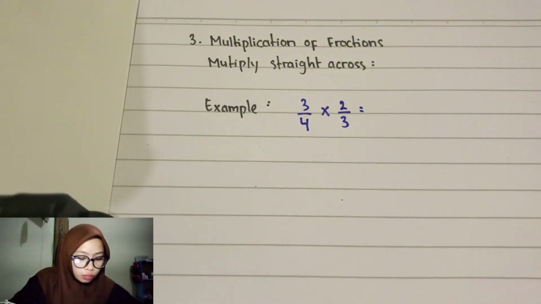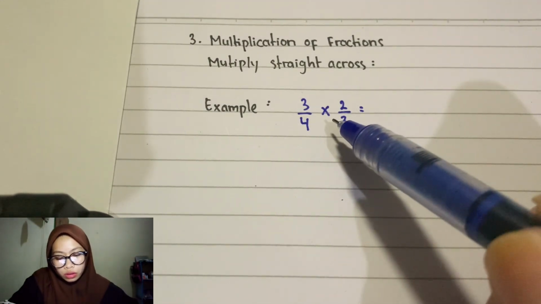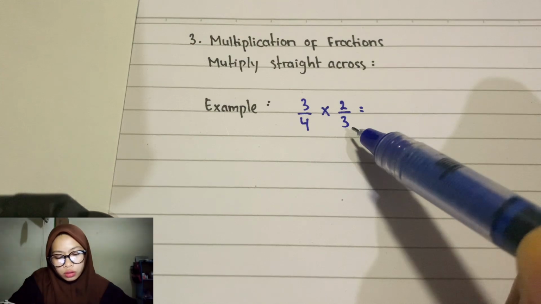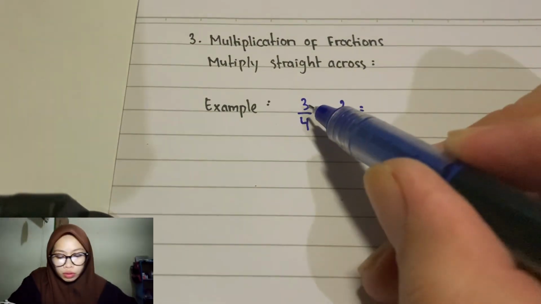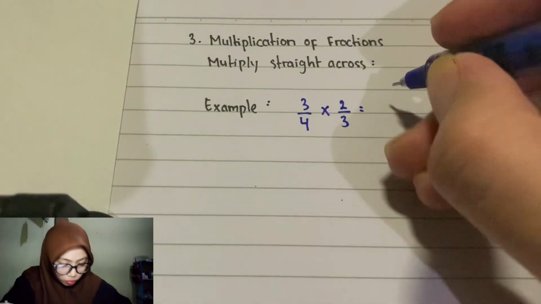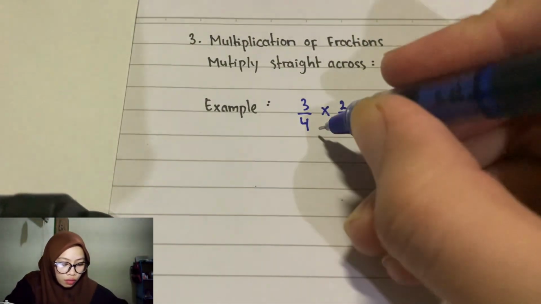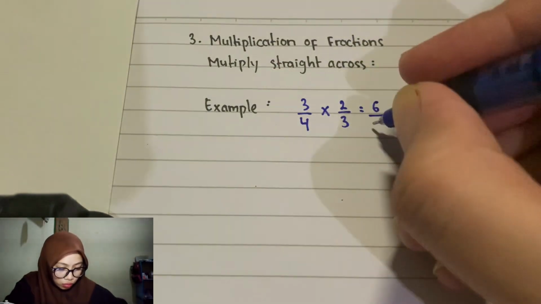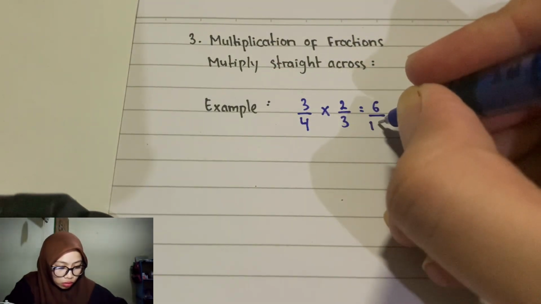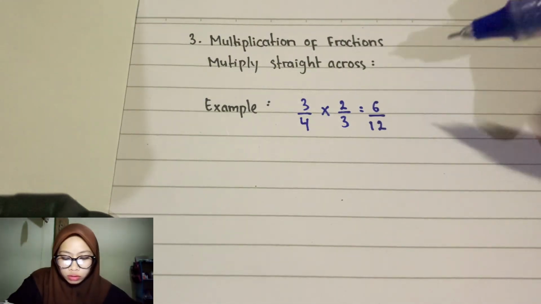Like this example, 3 over 4 times 2 over 3. So for the top number we multiply: 3 times 2 is 6, over 4 times 3, which is 12. So we got the answer.